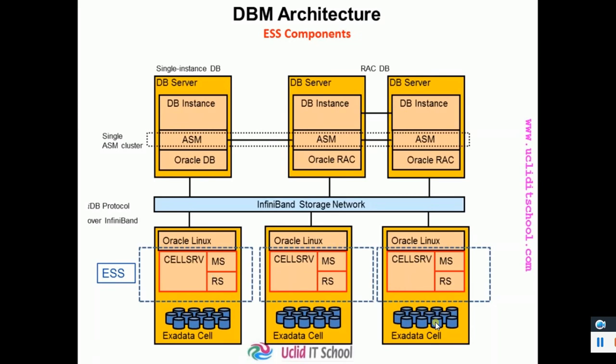It has just three processes, but these are implemented as multi-threaded processes. So at OS level, you may see multiple threads or multiple processes related to these three services. So that is the concept. Every storage server has three background processes in the form of cell server, management server, and restart server.